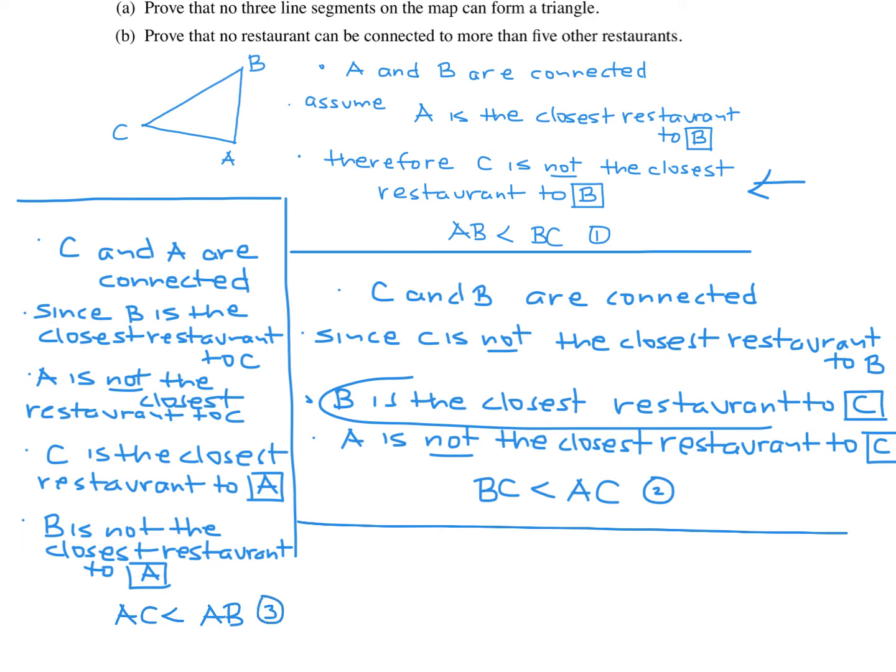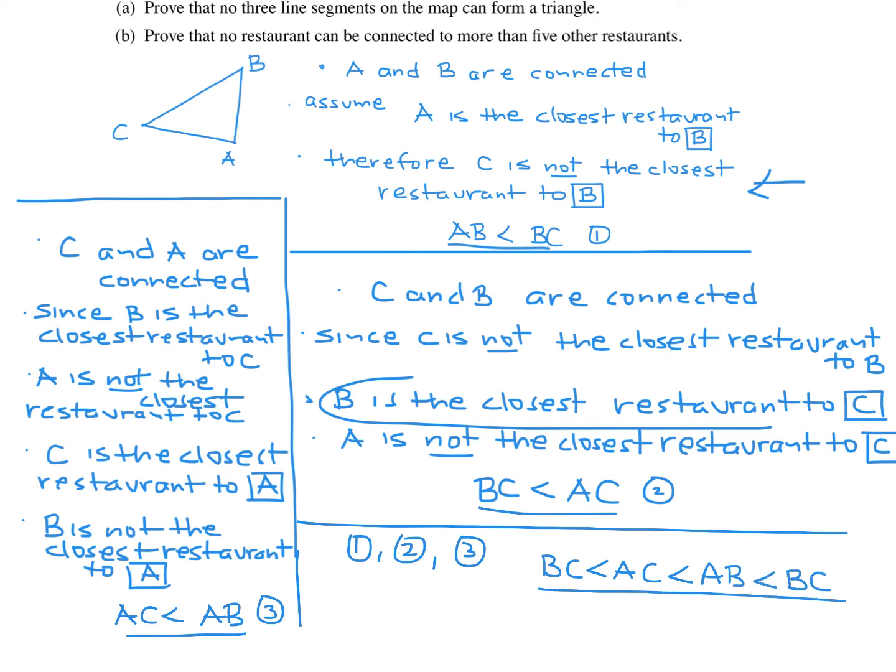Okay, now combining equations 1, 2, and 3, let's see what we get. We've put them all together. We get BC is less than AC. That's this one. AC is less than AB over there. And then AB is less than BC. Well, look at that.